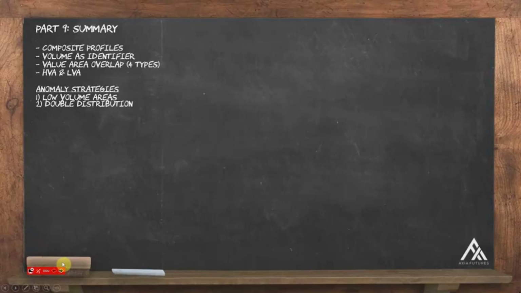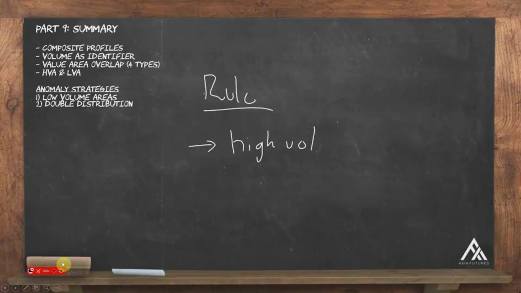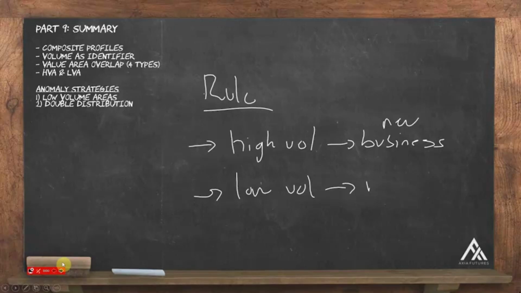We said that volume is particularly important as it's a very strong measure of the degree of success of the auction process. As a general rule of thumb, it's not a hard and fast rule, but ideally we want to see high volume attracting a lot of business. High volume tends to mean a lot of business or new business, where low volume would be an identifier of maybe a lot more noise.